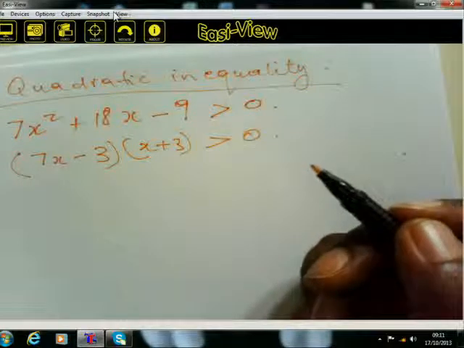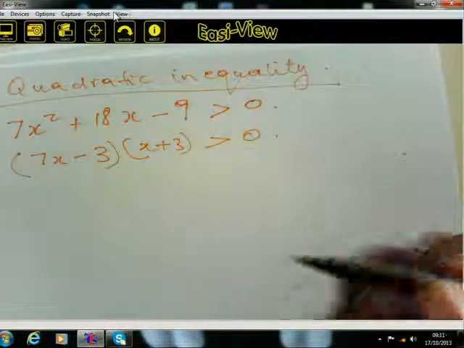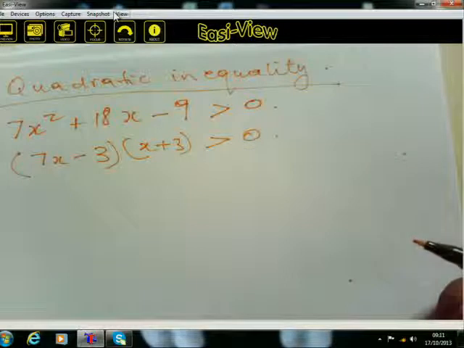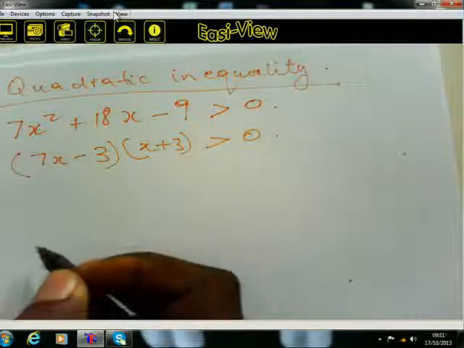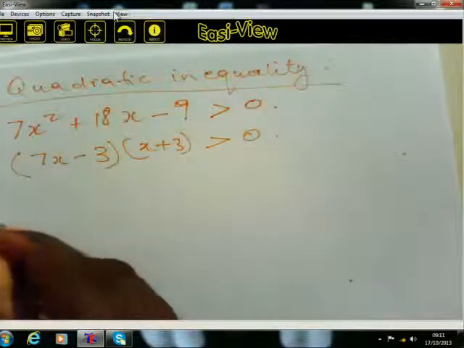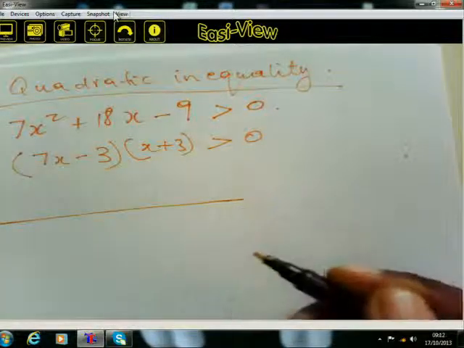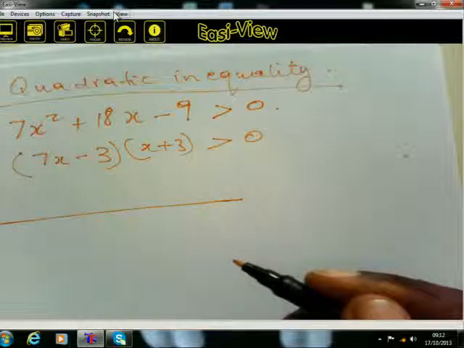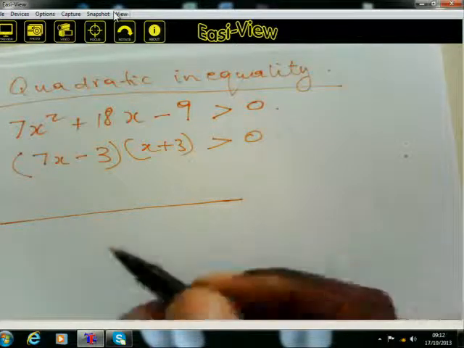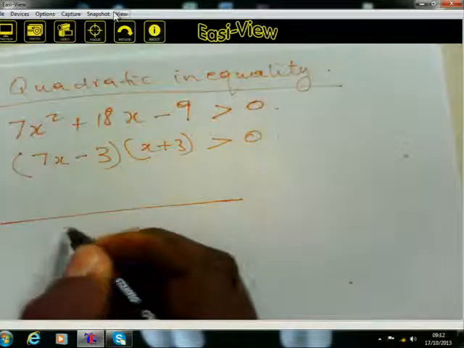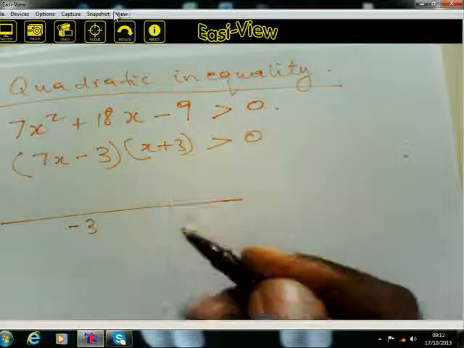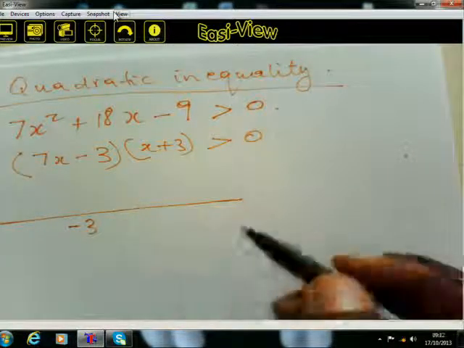Now, to solve this, there are two ways. Two ways in the sense that I'm going to draw a line. After drawing a line, I can see that for the equality, I'm going to have negative 3.